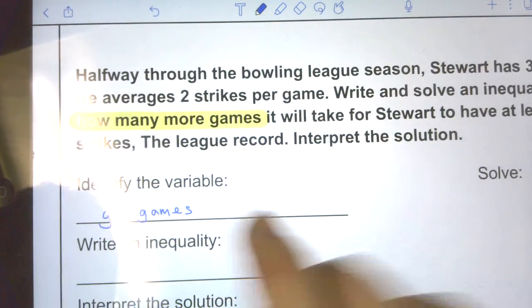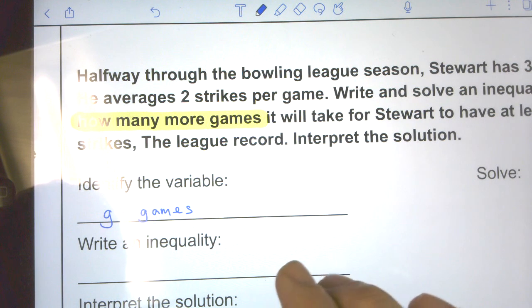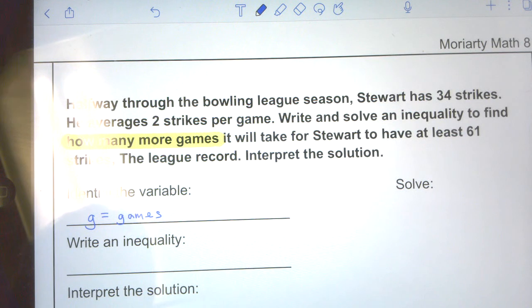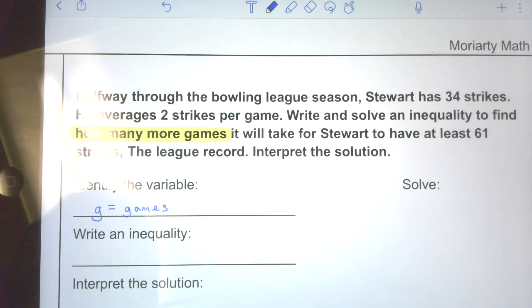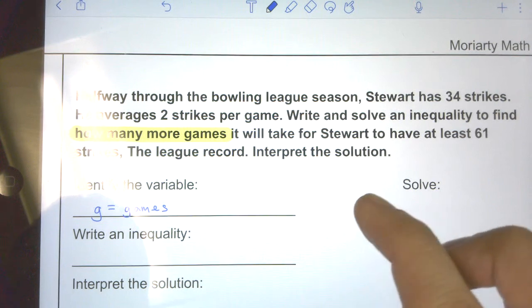For the inequality, and these are all 2 steps, so this should be pretty straightforward, I'm going to start with, just to help my inequality along, what makes up the total, figure out the inequality sign, and then put the total back in. So the total is 61 strikes, which is going to be the total strikes that he wants.